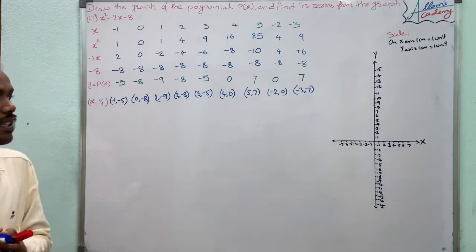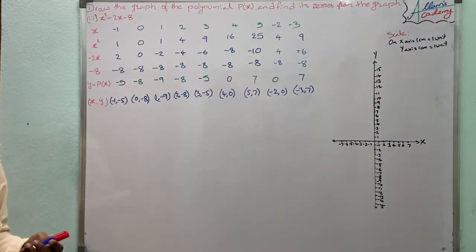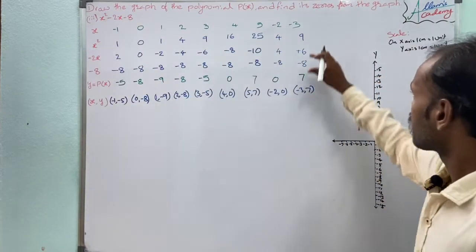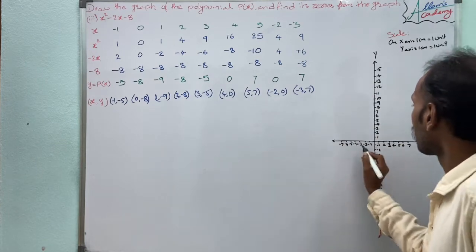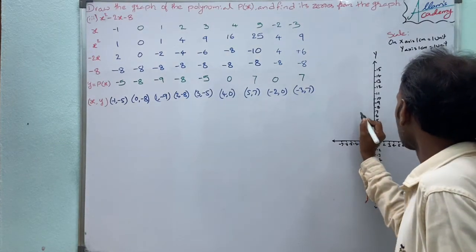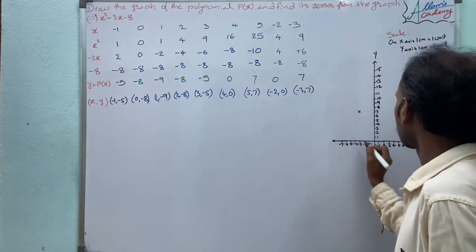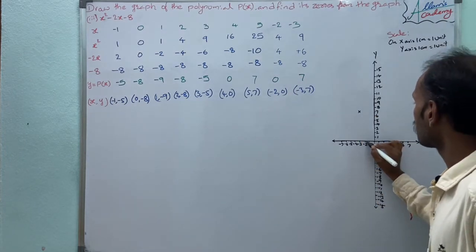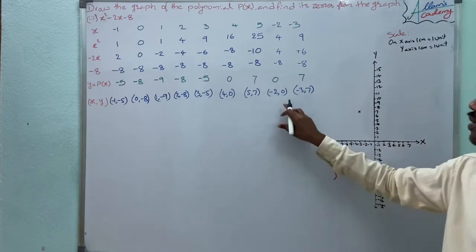Now locating the points on the graph. First, minus 3 to 7, here is the point. Next, minus 2 to 0.